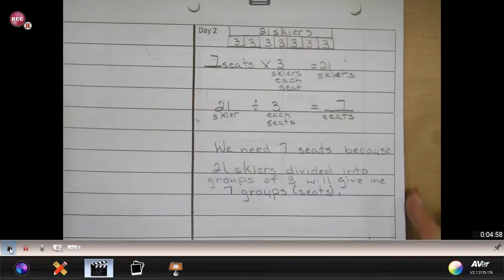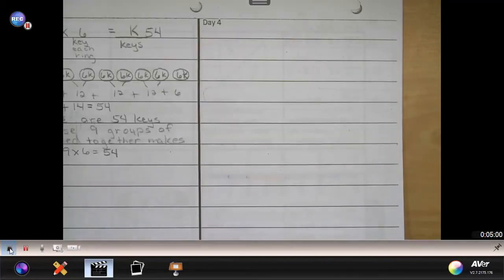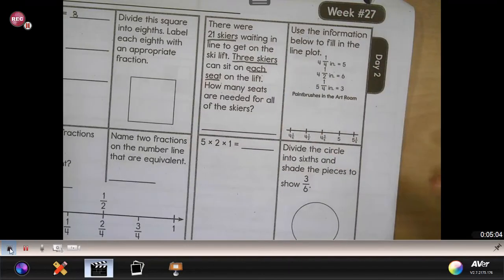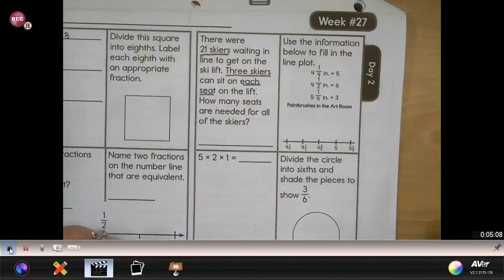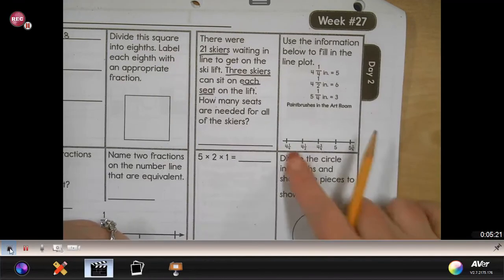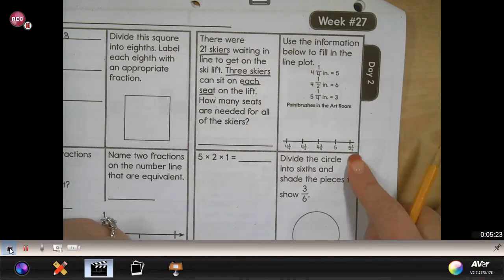Okay, let's now go on to our next problem, and it's a little something different. We haven't run into this before, so I'm going to explain it fairly quickly. It says, use the information below to fill in this line plot. Now, a line plot is a way of organizing information or data onto what looks like a number line with fractions on it.